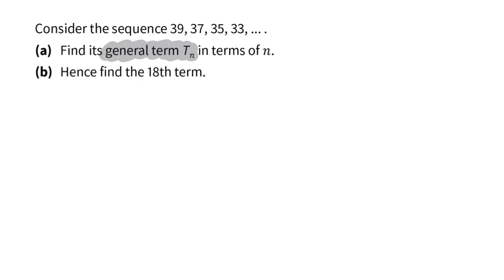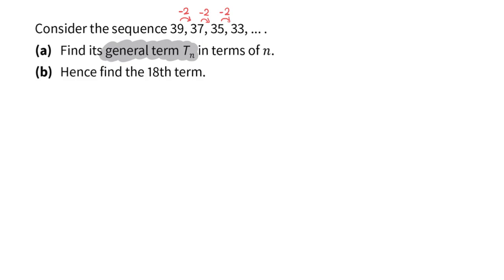That means we always add or minus by the same number. And the first observation here is that we are always minusing by this same number, minus 2, yeah? And therefore, the common difference is this negative 2.